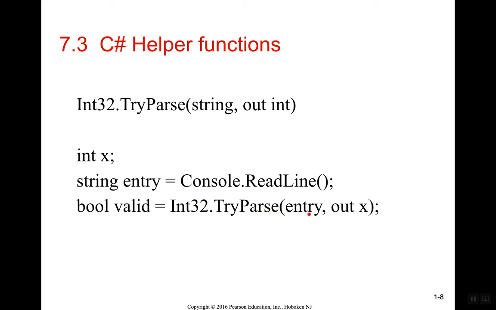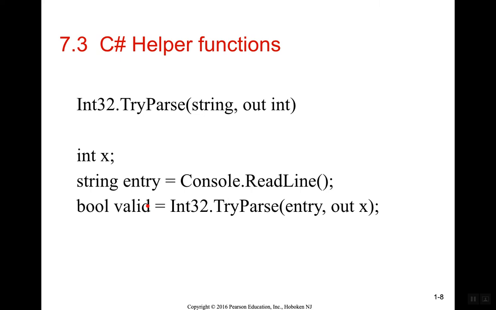If it's a valid integer, then put the value in x and return true as a Boolean value. If entry is not a valid integer, then change x to its default value, which in this case would be a 0, and return a false.